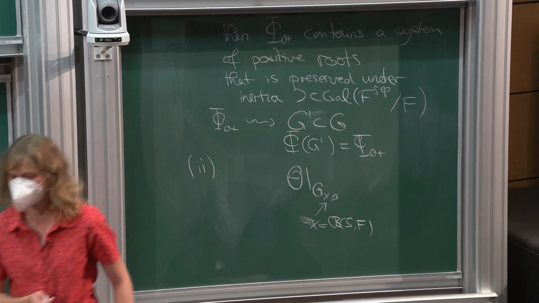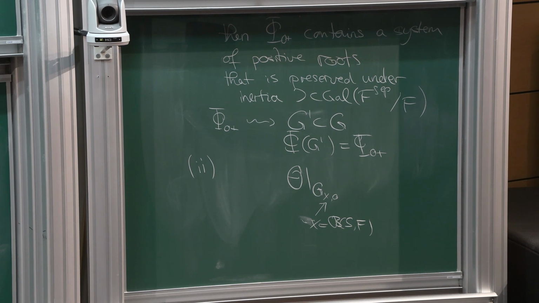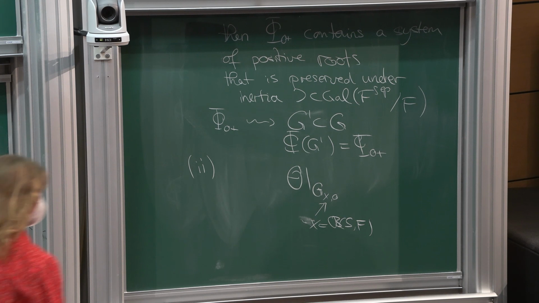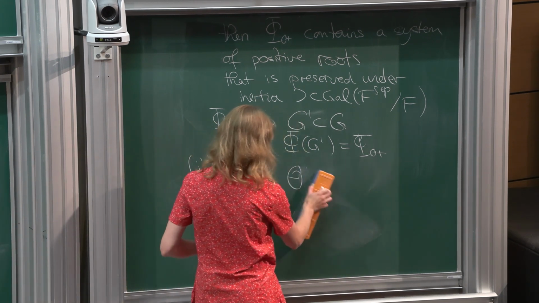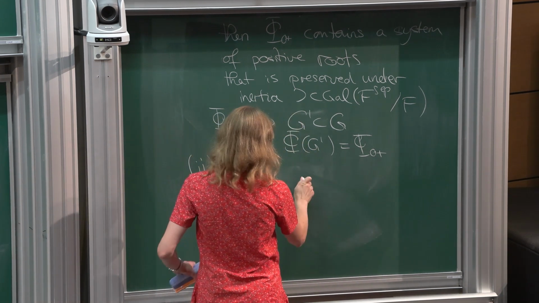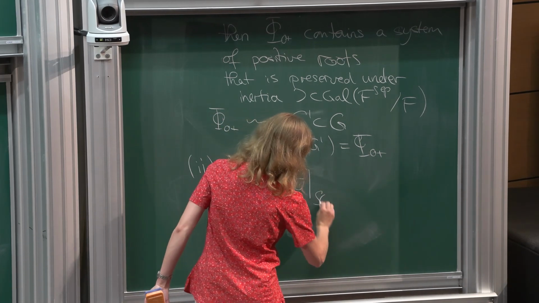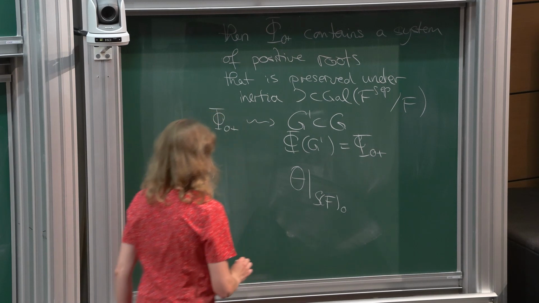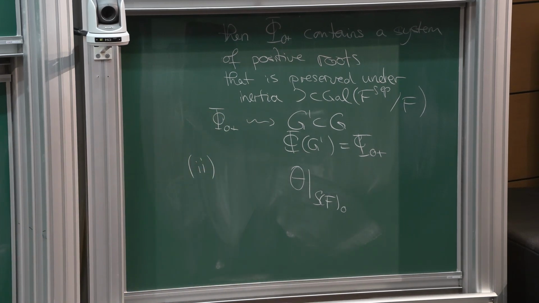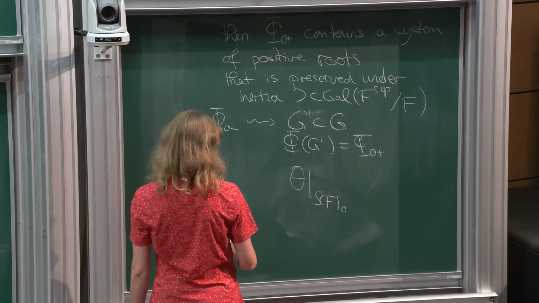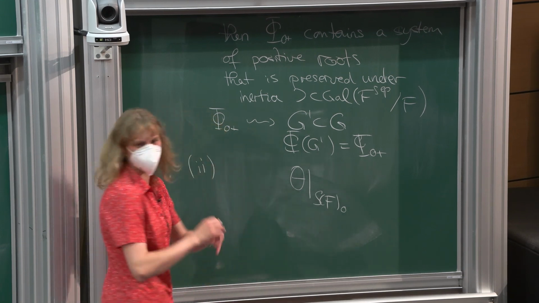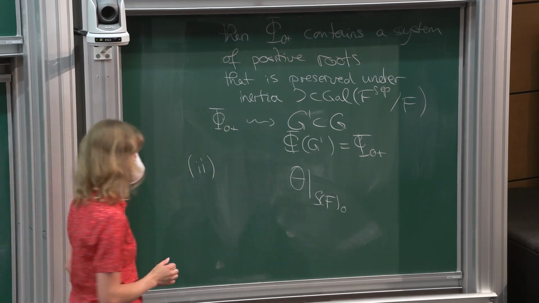Oh, sorry, maybe I just want to restrict also to S to make things easier. It's not defined there yet, so that doesn't even make sense. So this is only a character of S, so I can only restrict it to S0. And I want that this should be somehow as generic as possible.